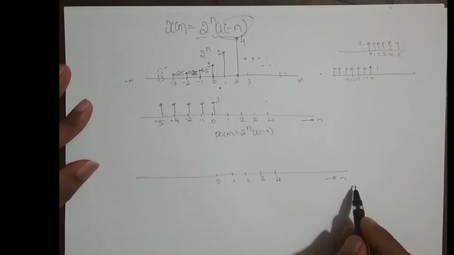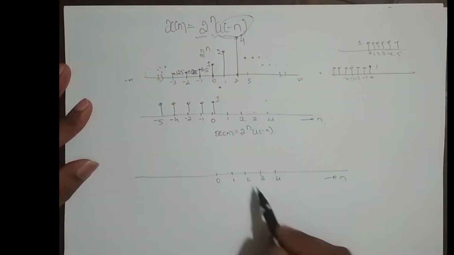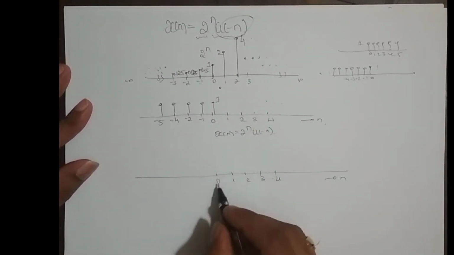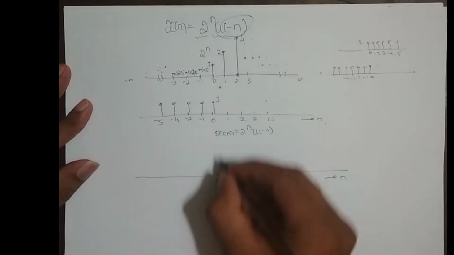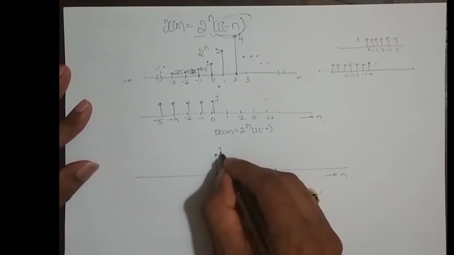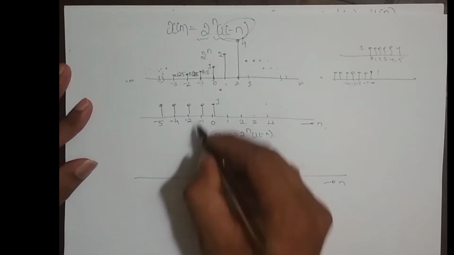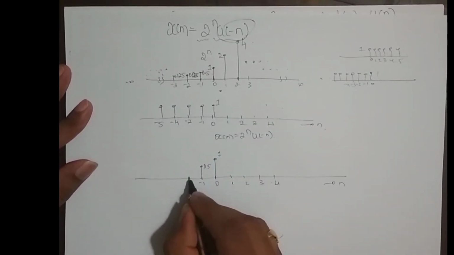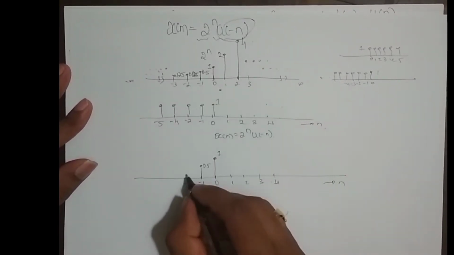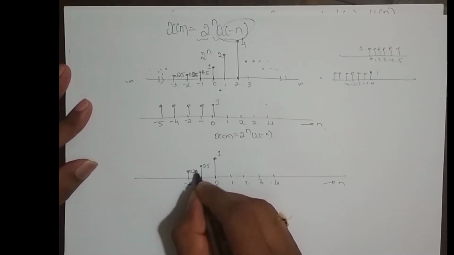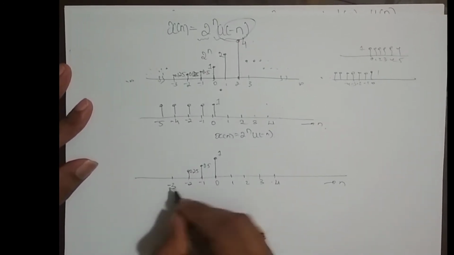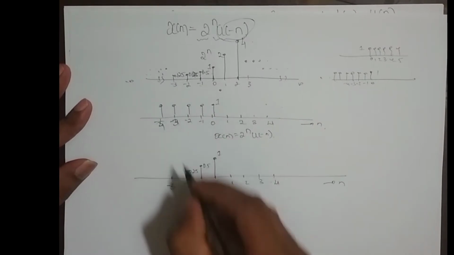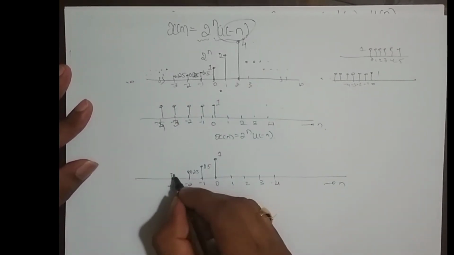But on the negative side, u of minus n is 1, so I get the same sample: 1 at n equal to 0, 0.5 at n equal to minus 1, 0.25 at minus 2, 0.125 at minus 3, and this goes till minus infinity.